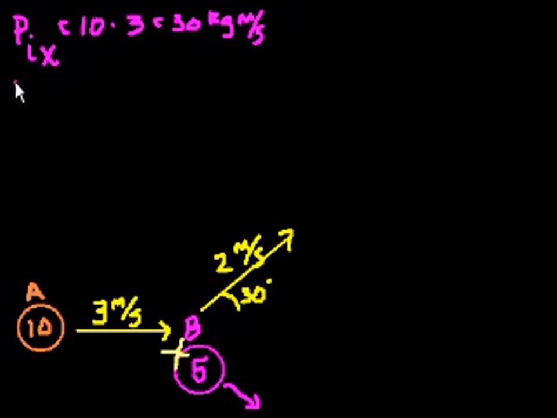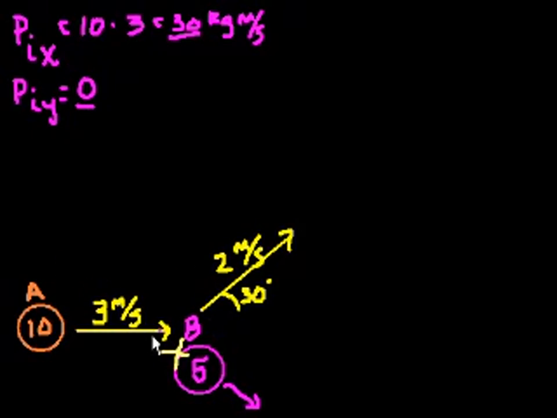And what's the initial momentum in the y direction? Well, B isn't moving at all, so it has no momentum in any direction. And all of A's movement is in the x direction. It's not moving at an angle or up at all, so it has no momentum in the y direction. So we immediately know that after the collision, the combined momentum of both balls in the x direction has to be 30, and the combined momentum in the y direction has to be 0.